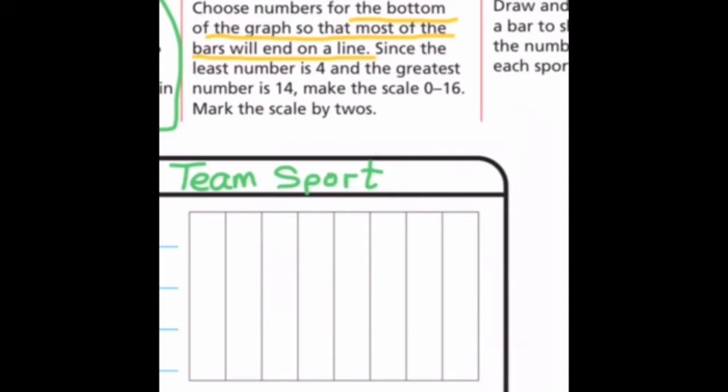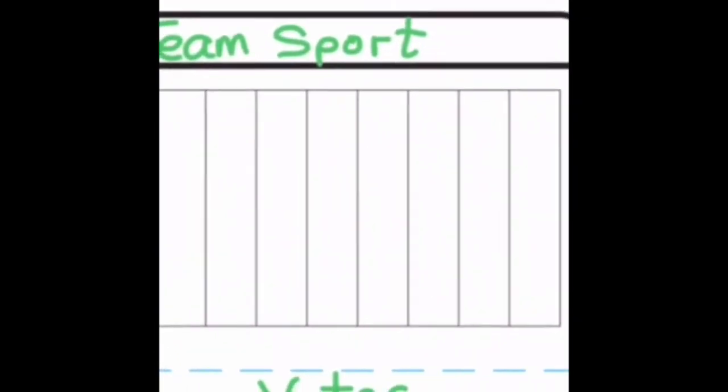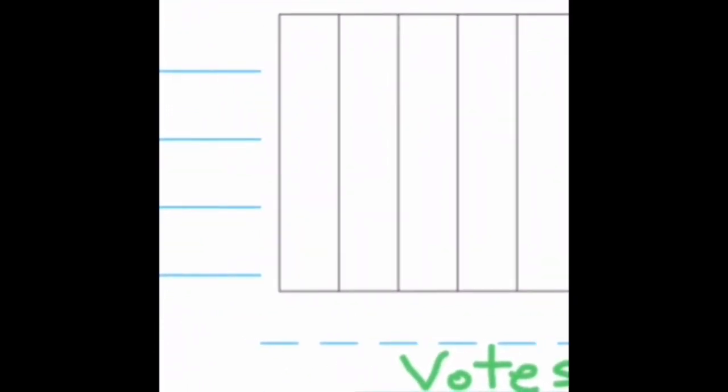And as we continue to read here, it says, since the least number is 4, and the greatest number is 14, our scale will be 0 to 16, and we'll make our scale by 2s. Okay? So down at the bottom, we have a 0, a 2, and we're just counting by 2s.